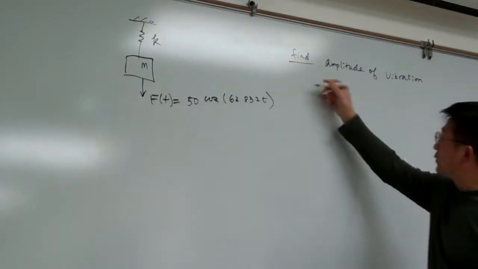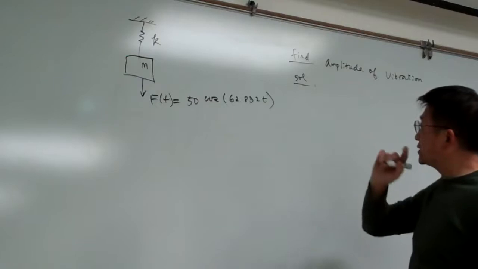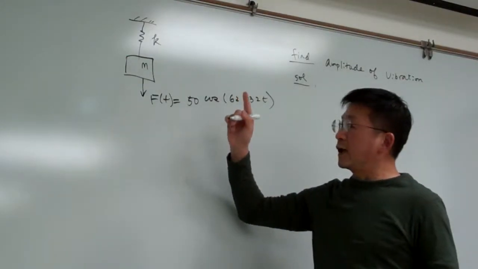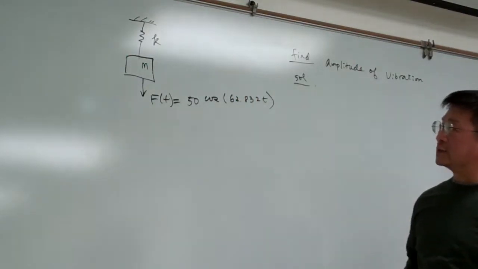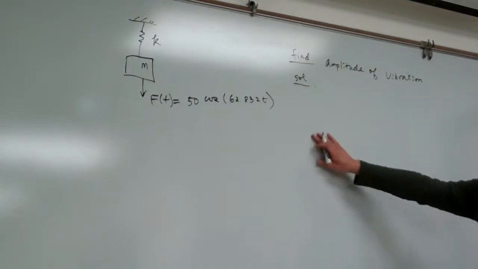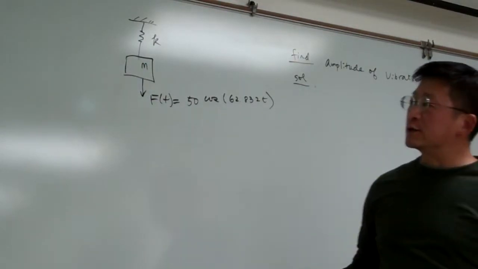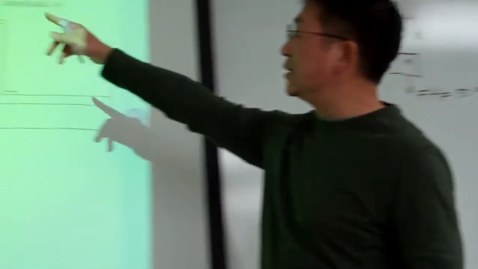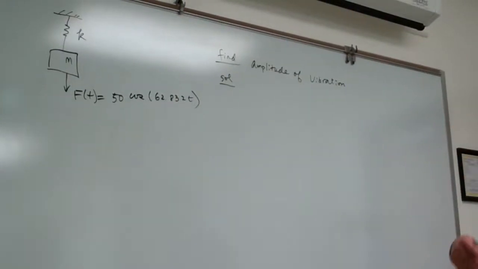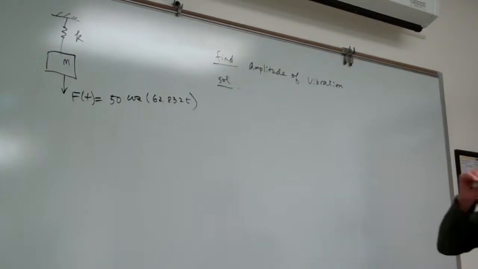So basically this problem is the single degree of freedom, and here we assume there's no damping. Even so, we don't consider the initial conditions because here he didn't provide the initial conditions. So we can gradually kick in the information piece by piece.